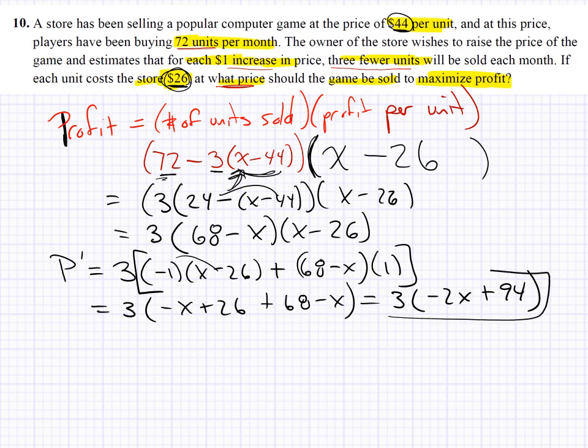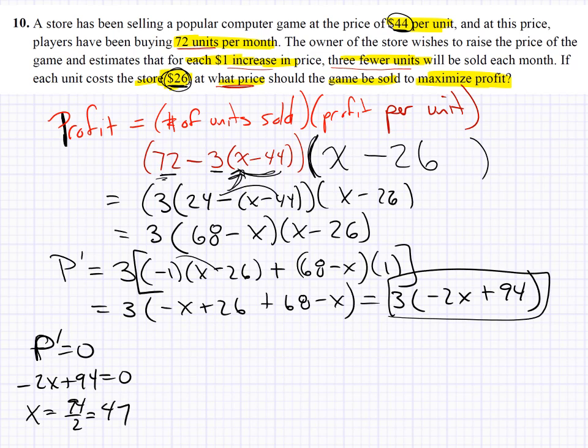Now, in order to find maximums or minimums, we need to figure out what the critical numbers are. Well, when is that going to be equal to 0? This derivative will be equal to 0 when minus 2x plus 94 equals 0, which will happen when x equals 94 over 2, which would be what, 47?